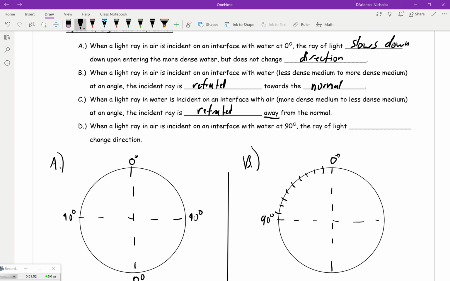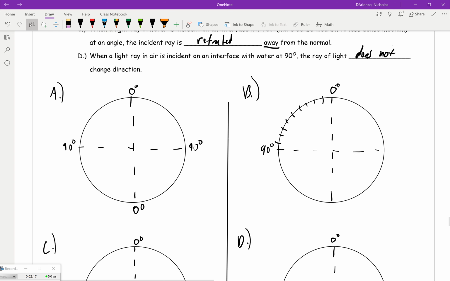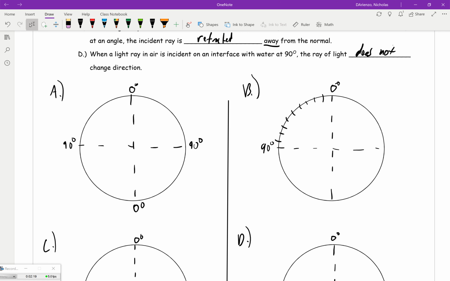So depending on if we're going from less dense to more dense, the incident ray will be refracted towards the normal, or from a more dense medium to a less dense medium, the incident ray is refracted away from the normal. And again, we'll look at that visually in a second. When a light ray in air is incident on an interface with water at 90 degrees, the ray of light does not change direction. And we'll see what each of these means visually.